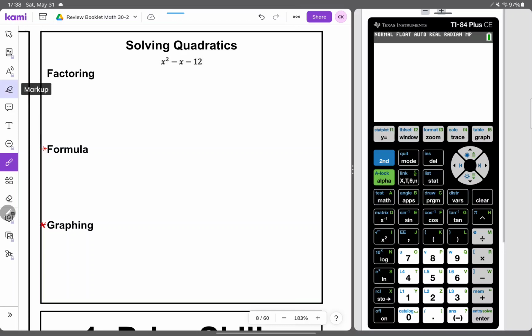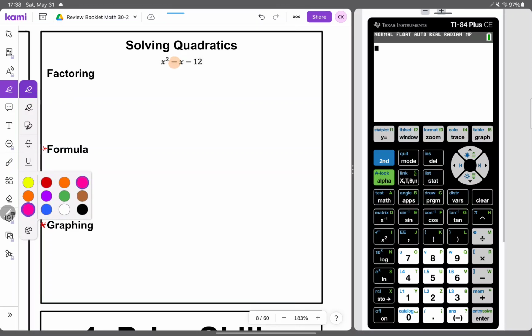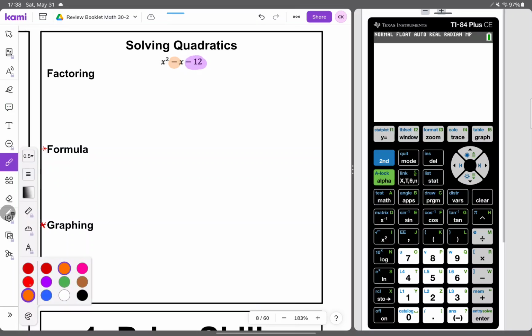Okay. So when we're factoring, we need to look here and we need to look here. And we're going to need 2 numbers that add to be -1. And those same 2 numbers need to multiply to equal -12.